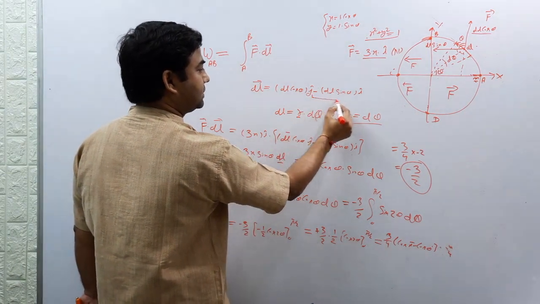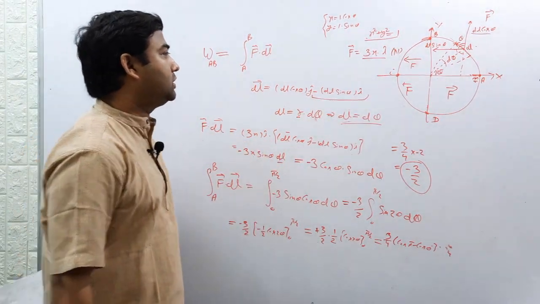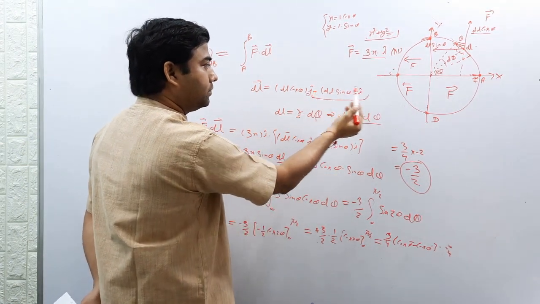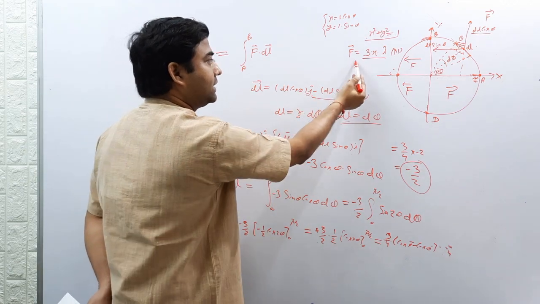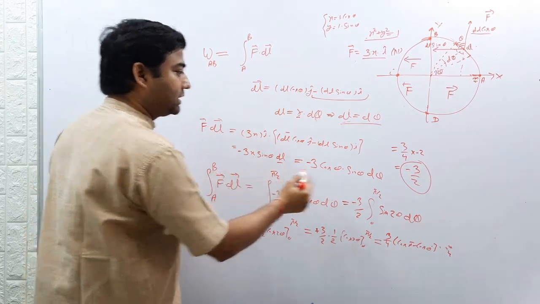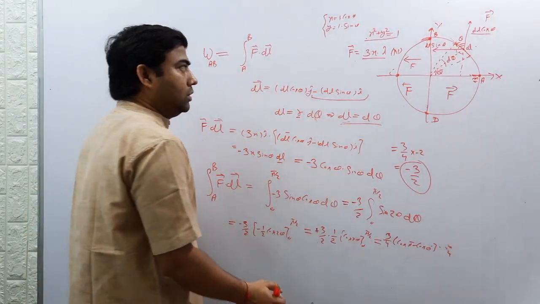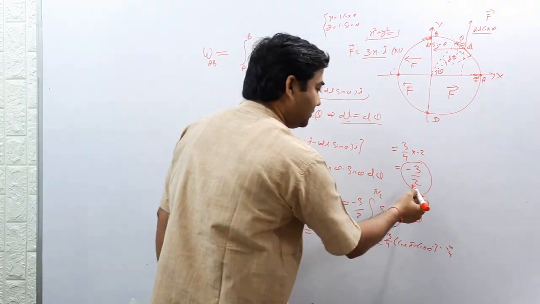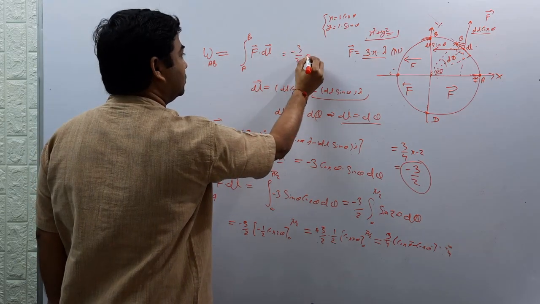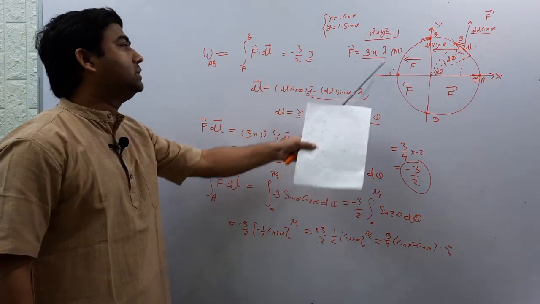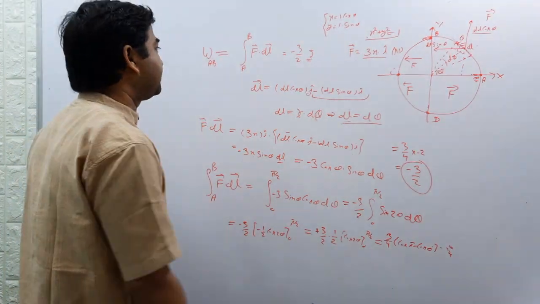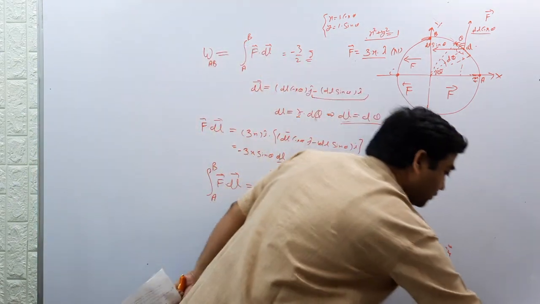Because this component is in negative direction and vector F is in positive direction, both vectors are opposite to each other, hence their dot product has come minus. So the work done by this force is minus 3/2 joule, if this force is in Newton and the mass of the moving particle is in kilogram.